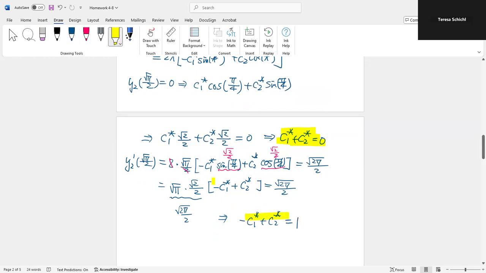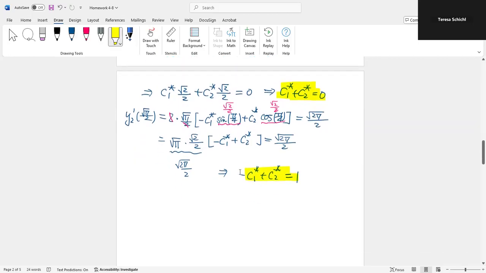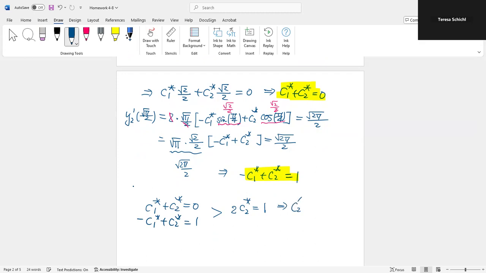Now I have 2 equations and 2 variables. In fact, this system of equations is pretty easy to solve: C1 star plus C2 star equals 0, and negative C1 star plus C2 star equals 1. If you add these two, you get 2 C2 star equals 1, so C2 star equals 1/2. If C2 star equals 1/2, C1 star is equal to negative 1/2.